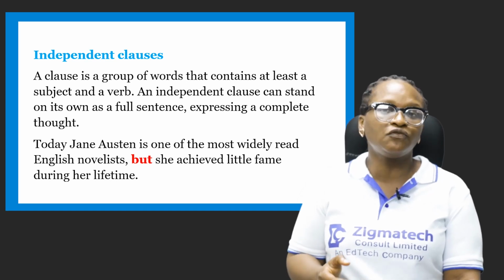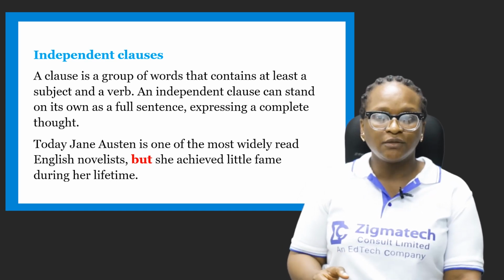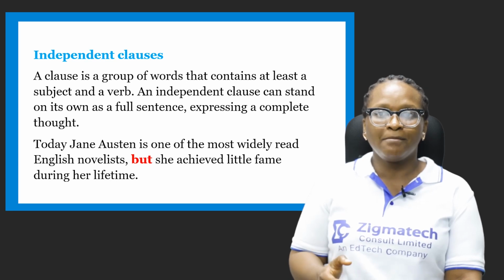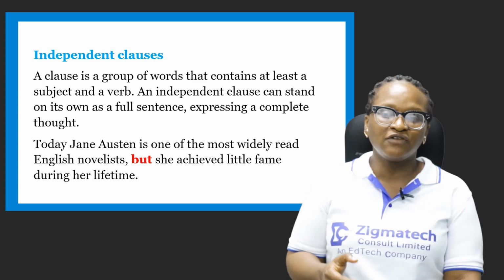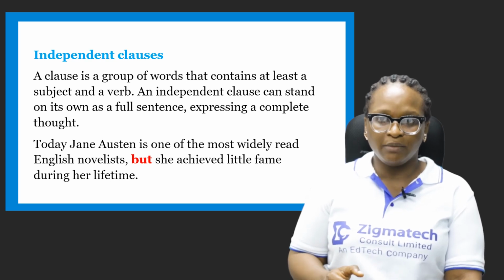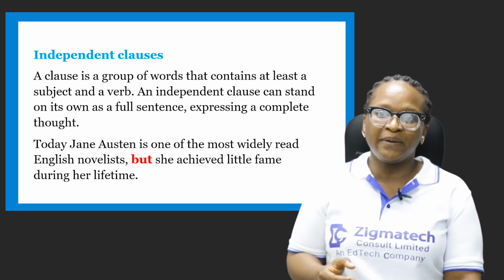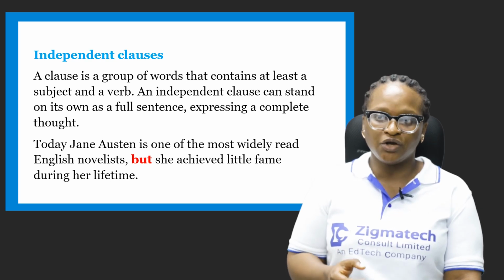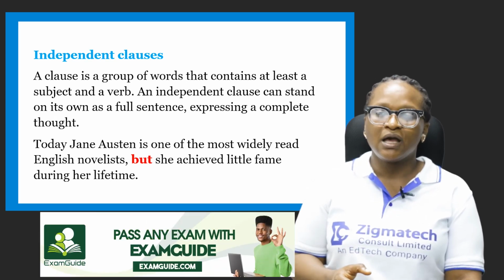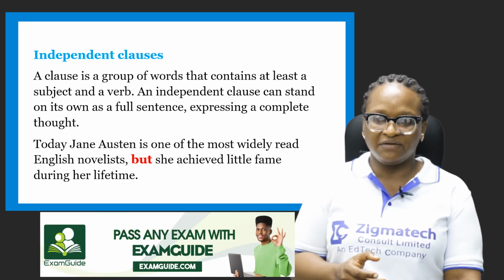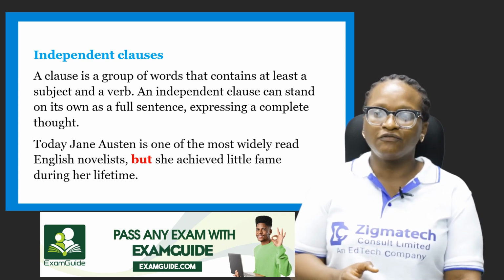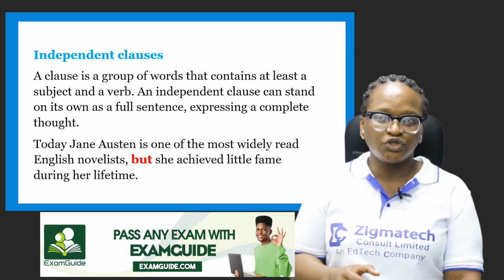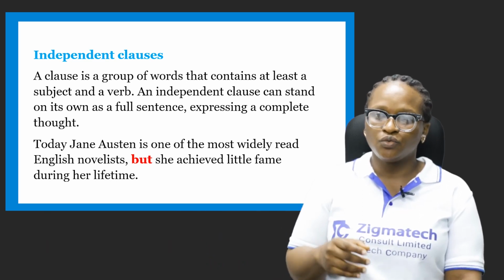She achieved little fame during her lifetime. Remember, we said that clauses must at least have a subject and a verb. In the first independent clause, we have Jane Austen, which is the subject, and we have is, which is the verb. Then in the second sentence, we have she, which is the subject, and we have achieved, which is the verb.